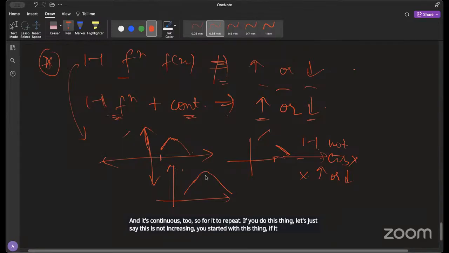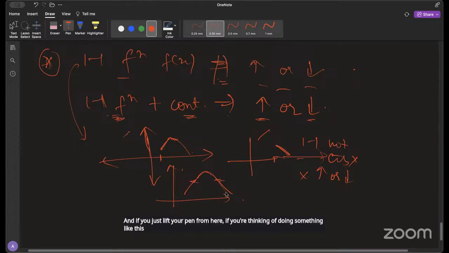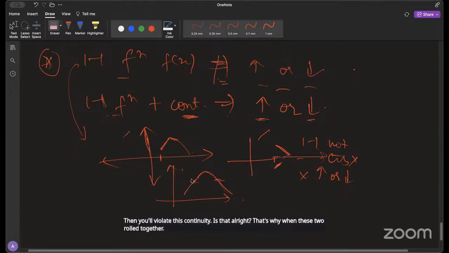If it's not an increasing function, then you have to come down. But if you do this thing, it will violate the property of 1-1. The 1-1 property will be violated. And if you just lift your pen from here, if you're thinking of doing something like this, then you'll violate continuity. That's why when these two hold together, it's either increasing or decreasing.